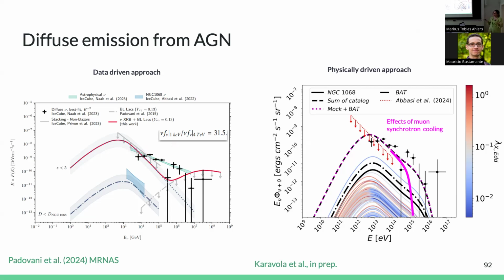So the most plausible scenario to me, and now it's coming into appearance, is that you have blazars contributing to the highest energies, and another population of non-jetted AGN that contributes to the lower energy part of the spectrum. So you have this nice superposition.